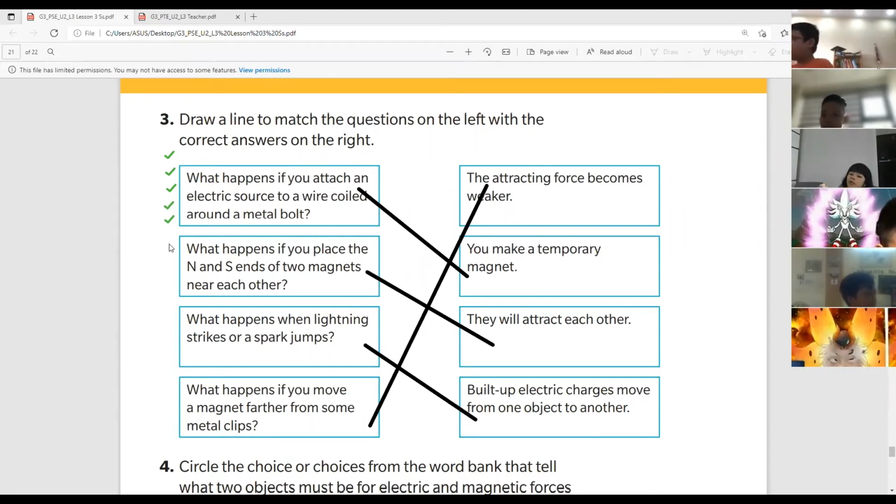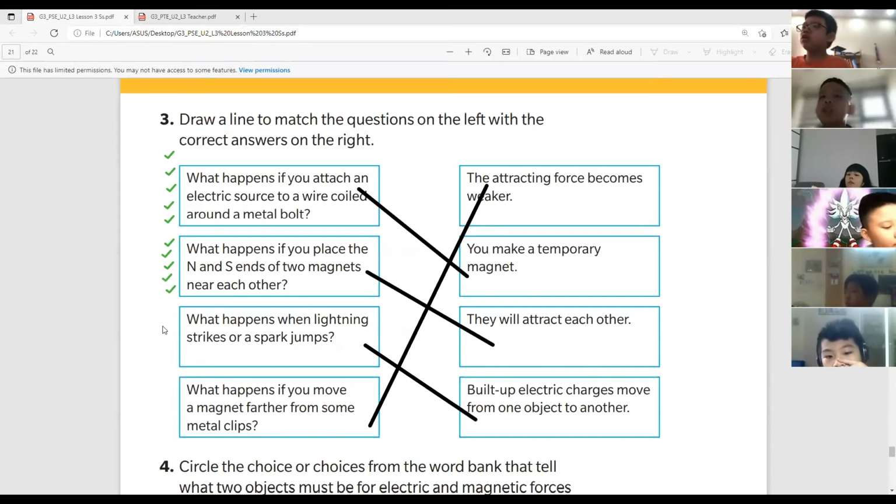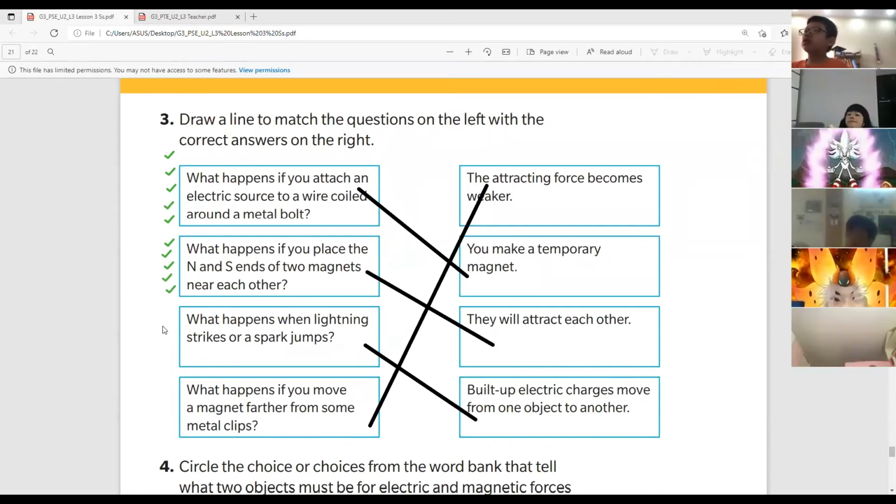Because what attracts, Moon? North and south are what, Moon? Attract. Yeah, but north and south, are they the same or are they different? Yeah, they're different. They're opposite. Okay, guys, you got the first two right.